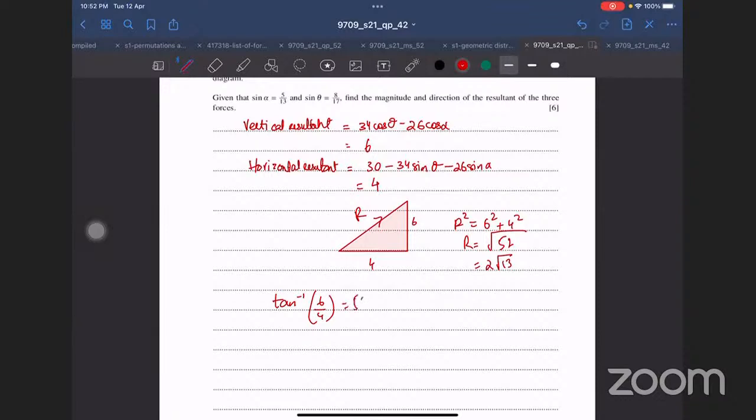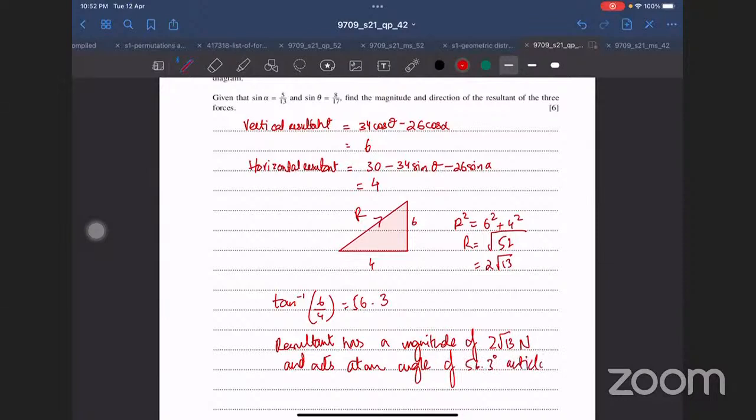So the resultant has a magnitude of 2 root 13 newtons and acts at an angle of 56.3 degrees anticlockwise from the positive x-axis.